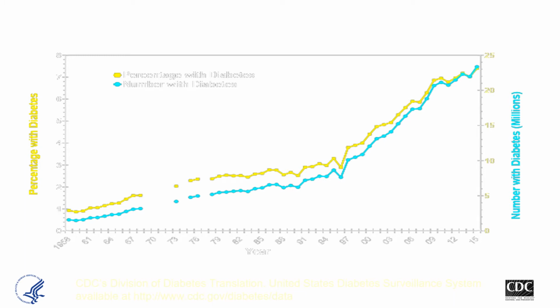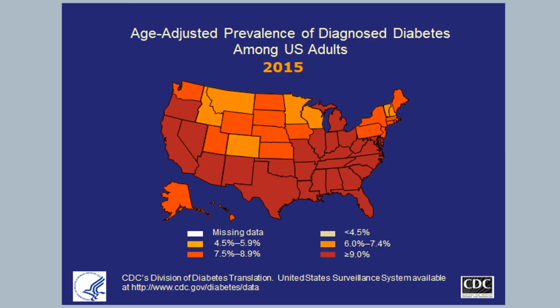This slide is also showing how the percentage of people with diabetes is increasing over the percentage of the total population. You can see how the percentage of patients with diabetes has really gone up just since 2000.